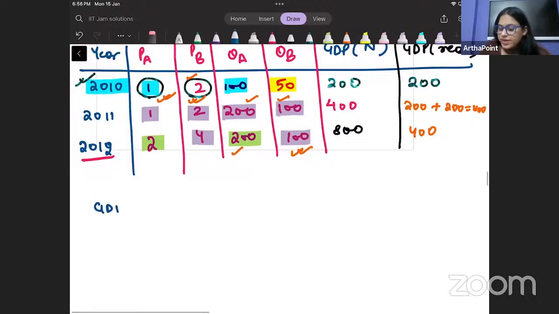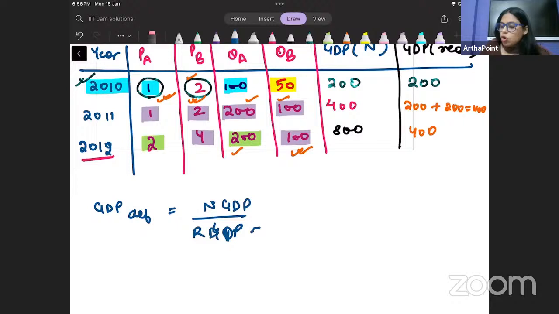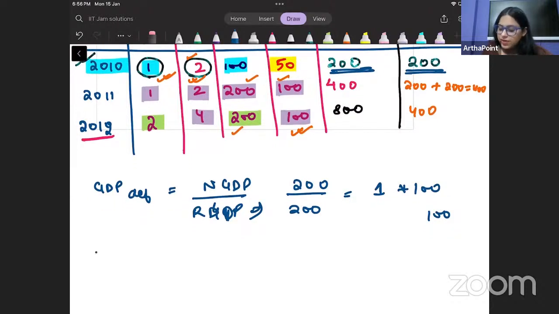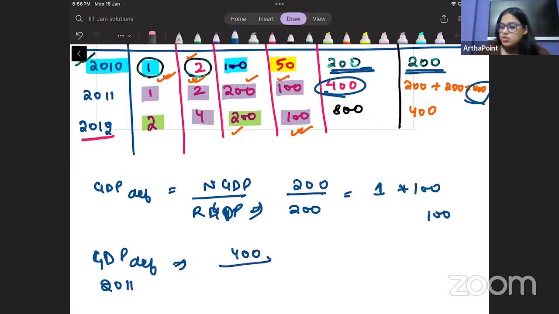Then you can find GDP deflator. So GDP deflator can be nominal GDP upon real GDP. So nominal GDP is 200 and real is also 200. So for the first year, GDP deflator will be 1, or if I multiply by 100, 100%. Now, if I look into the GDP deflator of 2011, nominal GDP is 400 and real GDP is also 400.